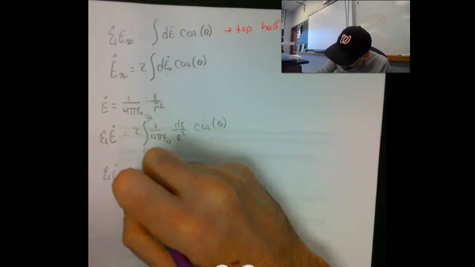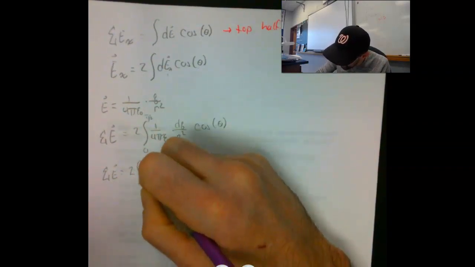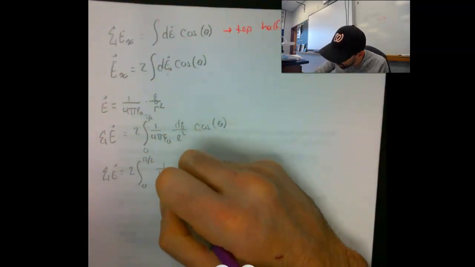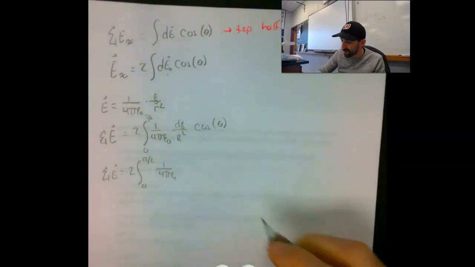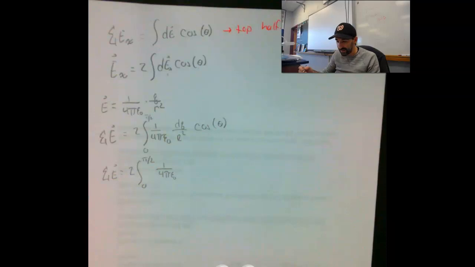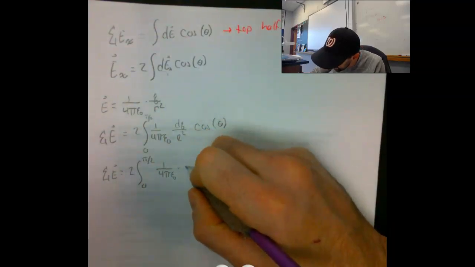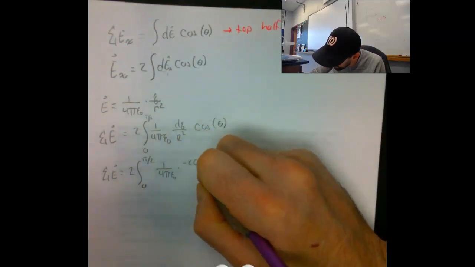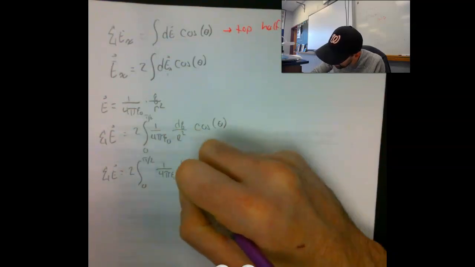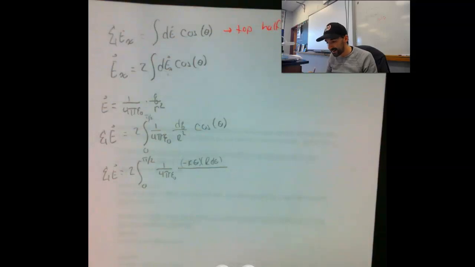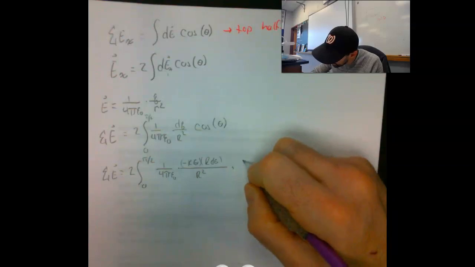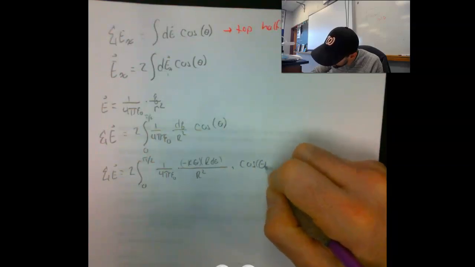Electric field, 2 times the antiderivative from 0 to pi over 2 of 1 over 4 pi epsilon 0. I'm subbing in for my dQ, negative k theta r d theta. So times negative k times theta times an r d theta divided by my r squared. That whole thing is times cosine of theta.